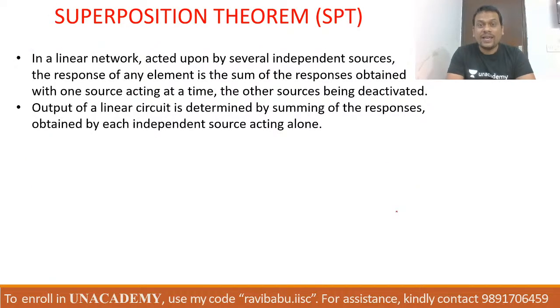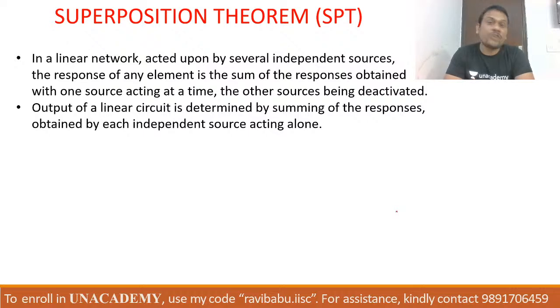Now here, I want to tell you the basic idea about the superposition theorem. In a linear network, when we have n number of independent sources, like current sources and voltage sources, at a time only a single source will be active and the rest of the sources will be deactivated.